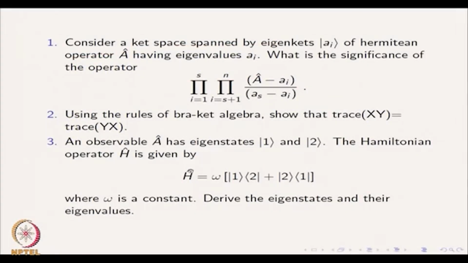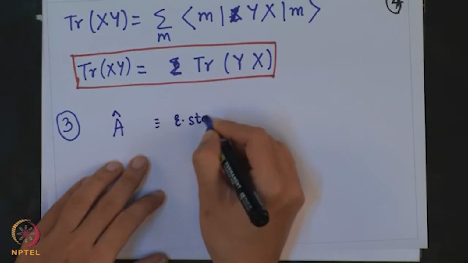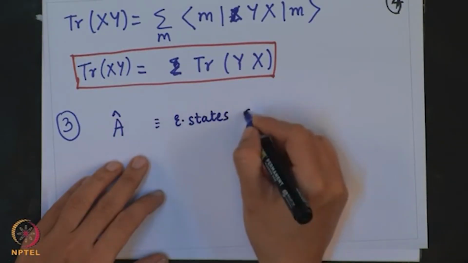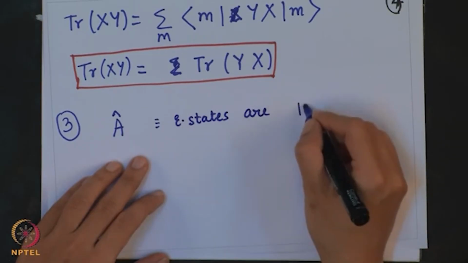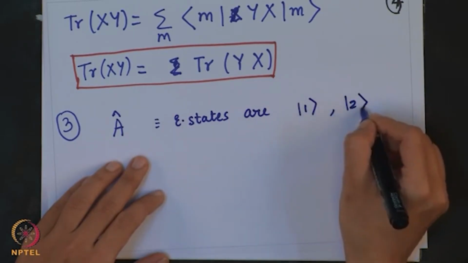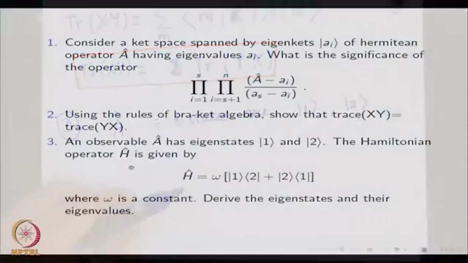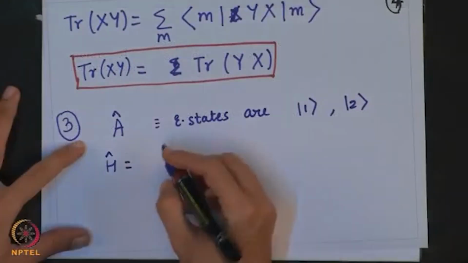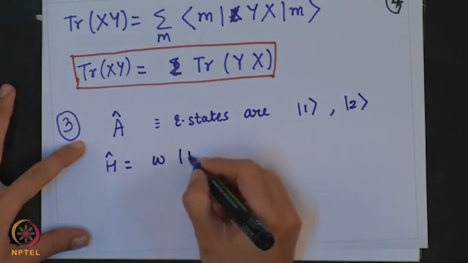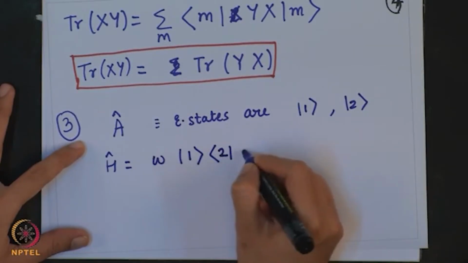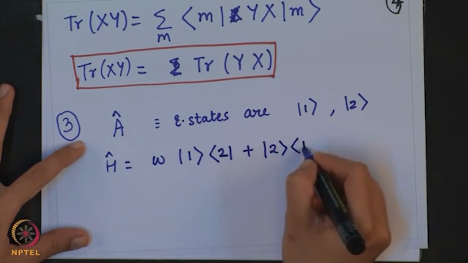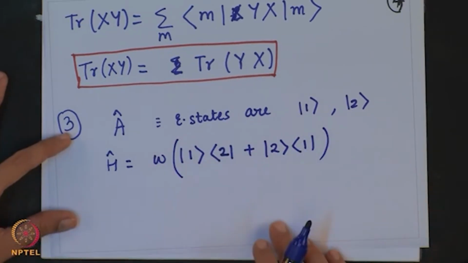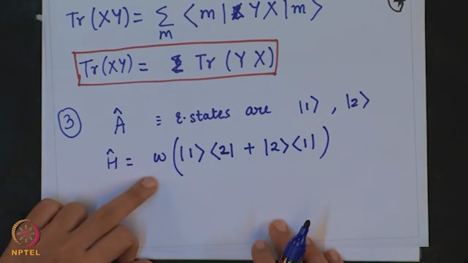So, the eigenstates of this operator are 1, 2, and the Hamiltonian operator is given by something like this. Now, this Bra and Ket notation can be rewritten in the matrix form, where omega is a constant, and you have to derive the eigenstates and their eigenvalues. Okay.